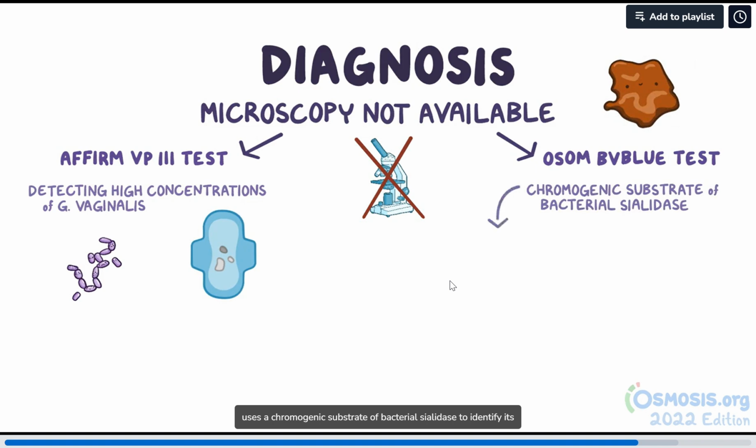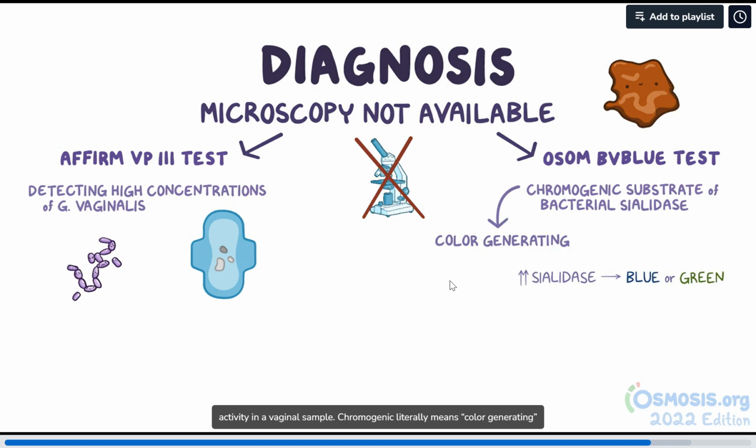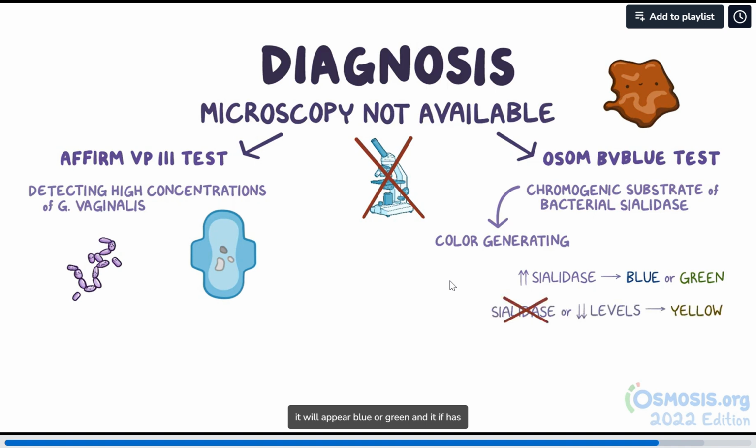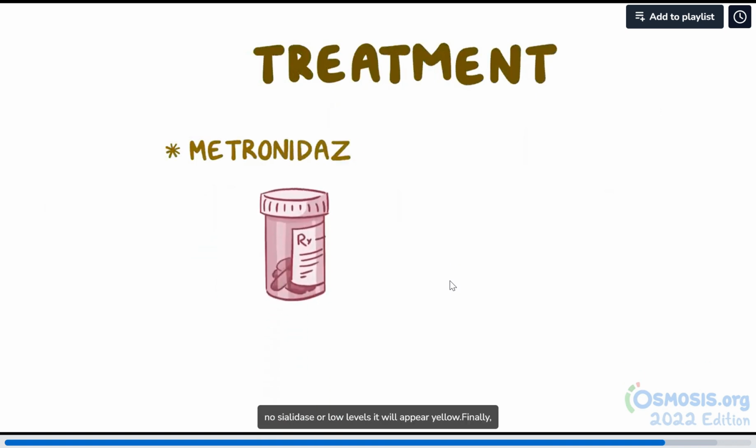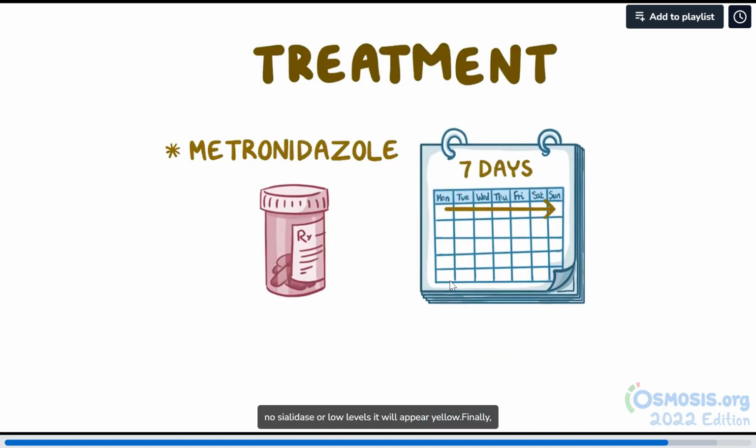Chromogenic literally means color generating. So if the sample has high levels of sialidase, it will appear blue or green. And if it has no sialidase, or low levels, it will appear yellow. Finally, bacterial vaginosis is treated with metronidazole for a period of 7 days.